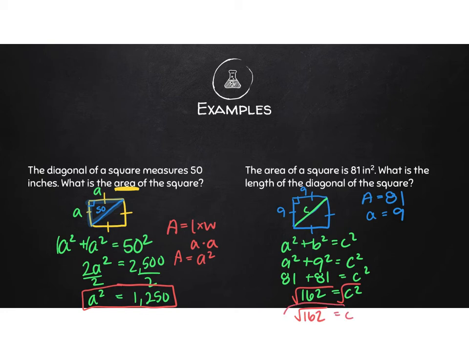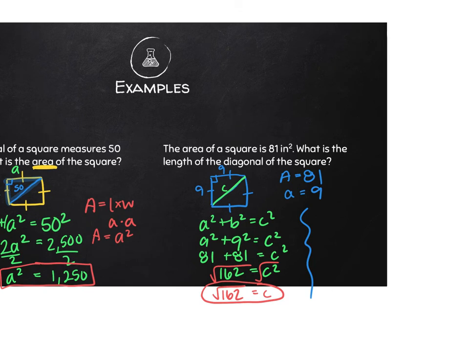If you remember from algebra last year, you did learn how to simplify radicals. We have not reviewed that yet. We will coming up here soon. But I'm just going to take a moment to briefly review that for you over here. So if we have the square root of 162, we want to break it up. And we can break it up into 81 times 2.